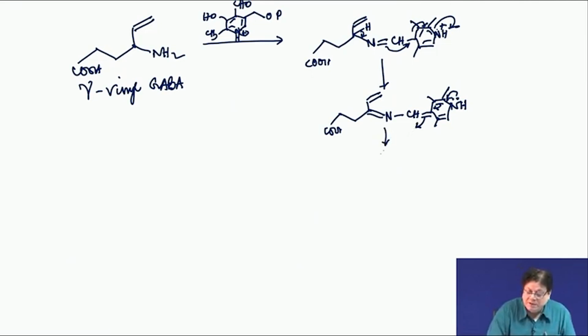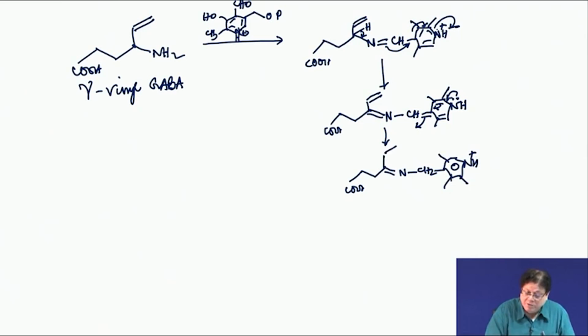So, what you will get is a CO2H, CH2 and then the pyridinium system NH plus, and this is a double bond. Now, let us see, this is an iminium ion.